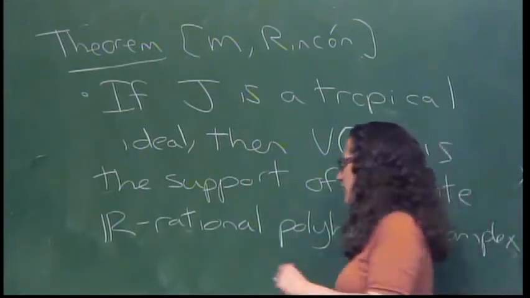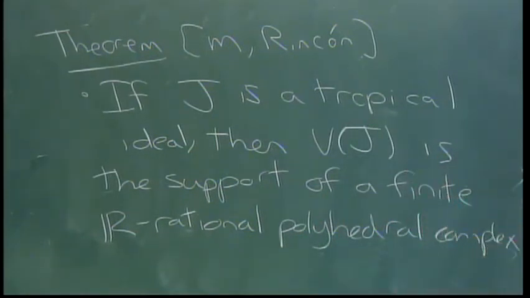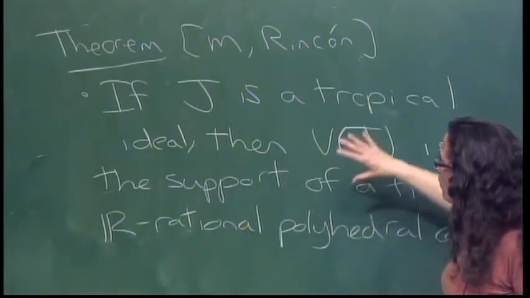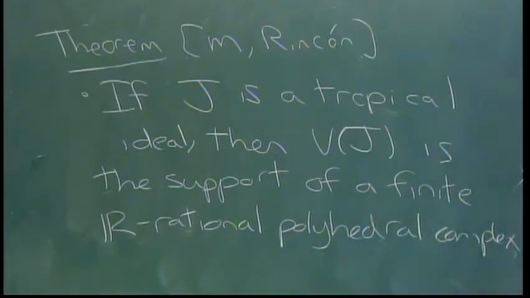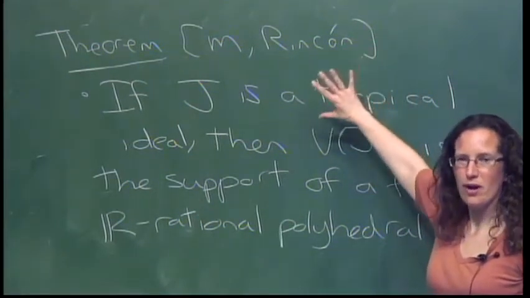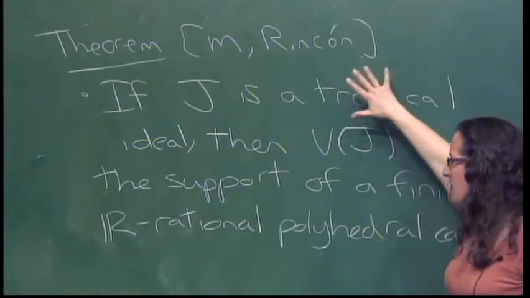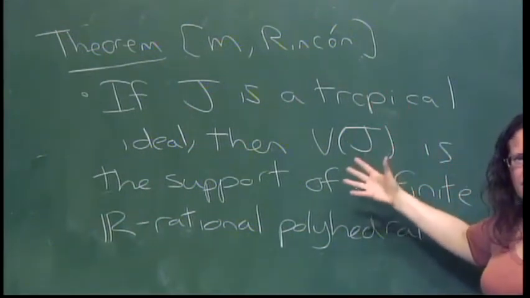So the polyhedra have the form Ax less than or equal to b, where A is a rational matrix and b is a possibly real vector. So this is the first good news. We would like, of course, to actually have the theorem which I stated near the start, the Bieri-Groves theorem. We would like to be able to say that if this is a prime ideal, or if the variety is irreducible, whatever that means in this context, then it has the correct dimension and it's balanced.